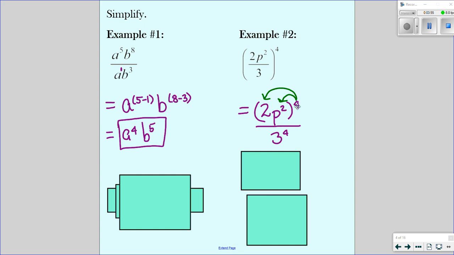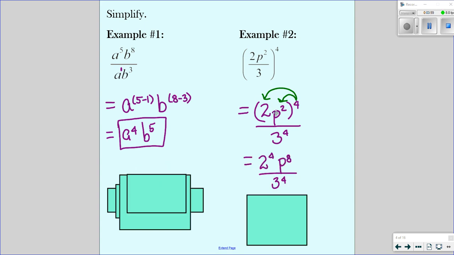So once you do that distributive property, basically you're raising each term to the 4th power, so 2 to the 4th, p to the 2nd to the 4th. Remember when you have a power raised to a power, you multiply, and then 3 to the 4th. Then you simplify your numbers.